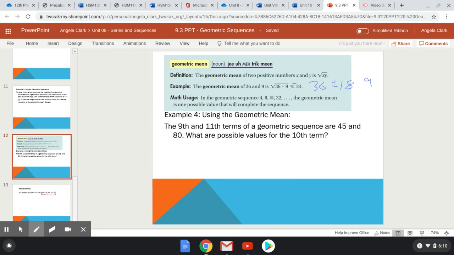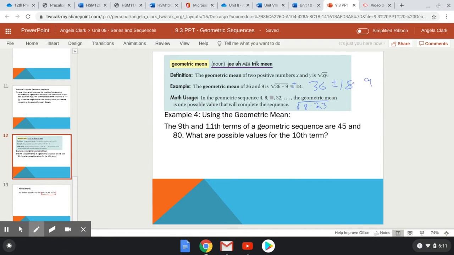So with that in mind, let's look at this next example and use the geometric mean formula to find what goes in the gray box here. The numbers on either side are 8 and 32. So I need the square root of 8 times 32.